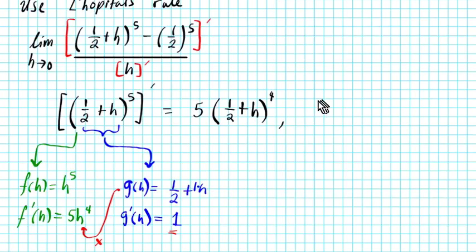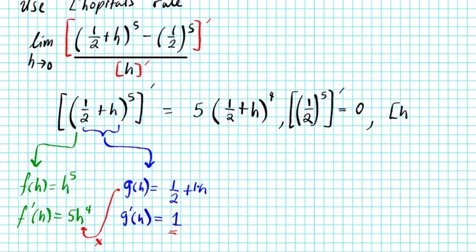Okay, and then let's go to the next one. 1 over 2 raised to the fifth power. We'll have to find that derivative too. Since 1 over 2 raised to the fifth power is a constant, its derivative is simply going to be 0. What you want to note here is we're differentiating with respect to h. h is a variable in this problem.